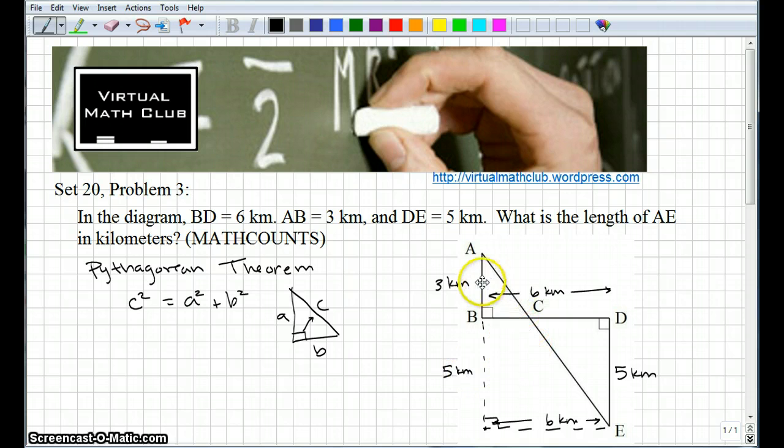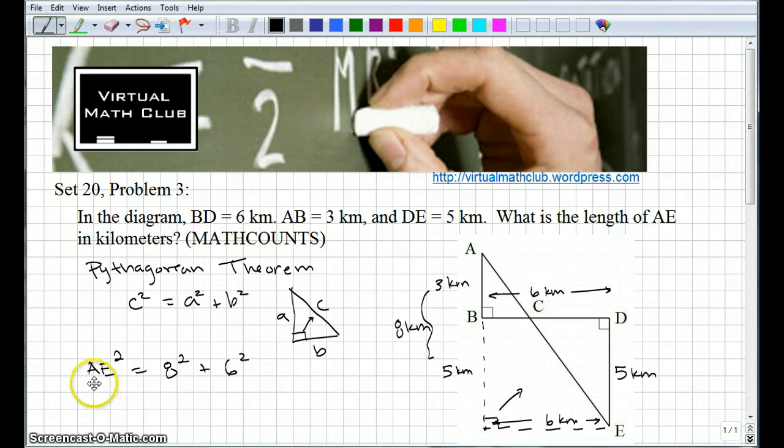So we now have another right triangle where one side is 8 kilometers and one side is 6. The hypotenuse is the thing we're looking for, the side opposite the right angle. So we can use the Pythagorean theorem: AE squared, because that's our hypotenuse, is equal to 8 squared plus 6 squared.